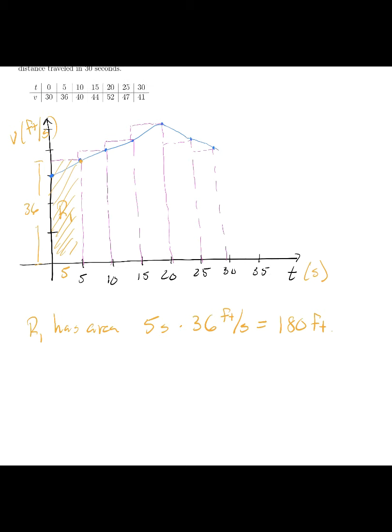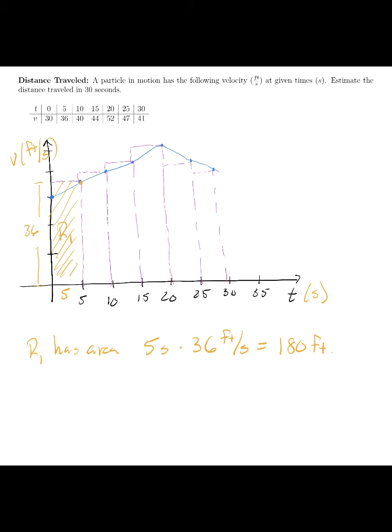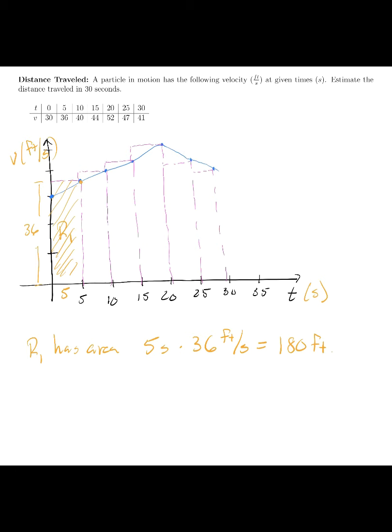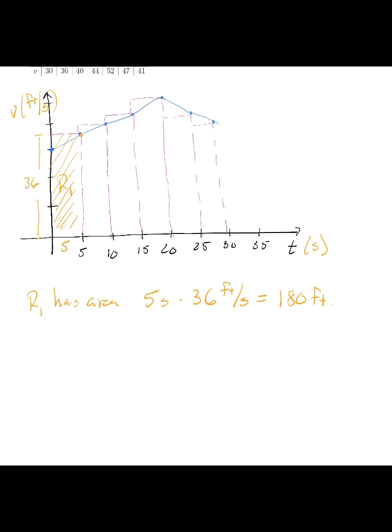And now I want to estimate the distance traveled in the first 30 seconds. So I could do this at 5-second intervals, and I could do the right or the left-hand sum here. I have done the right-hand sum. So our estimate for distance traveled on the interval from 0 to 30 is, well, we already got the first rectangle. That's 180, plus they all have width 5.